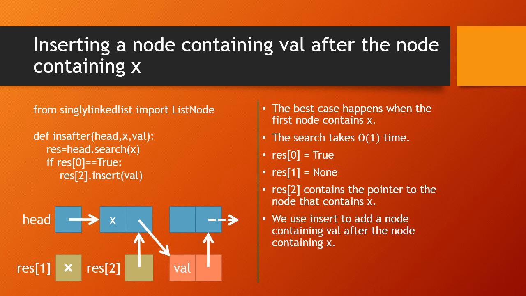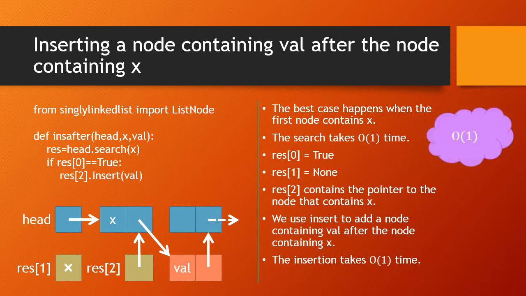Now, the question is, how much time does the execution of the if comparison and the body take? If you go back, you will see that the insert function takes O(1) time. The insertion takes O(1) time. From this we can deduce that this case, which is the best case of the ins_after function, takes O(1) time.